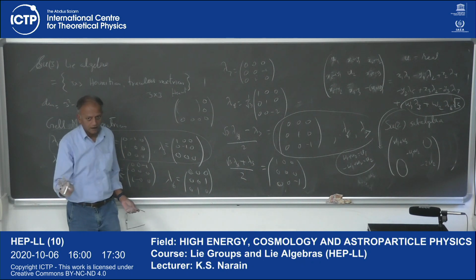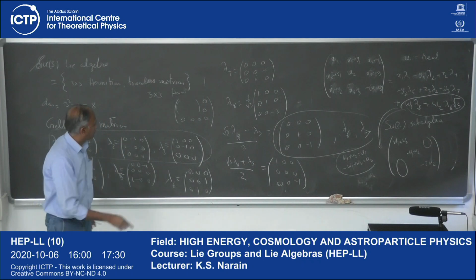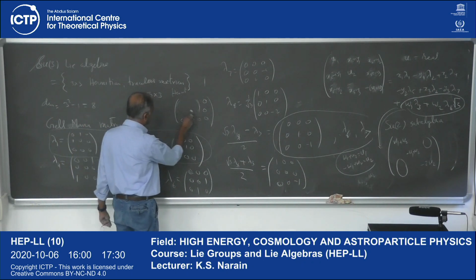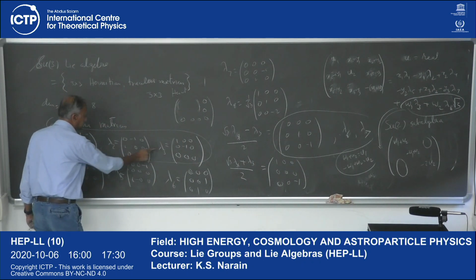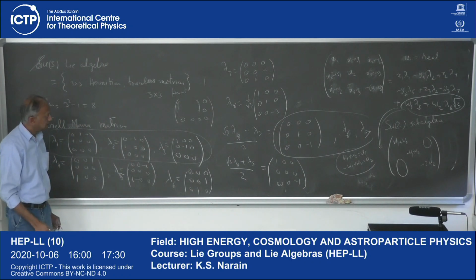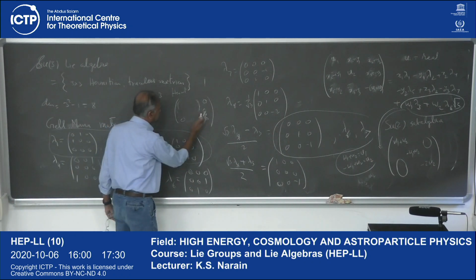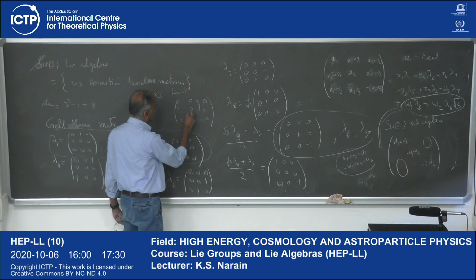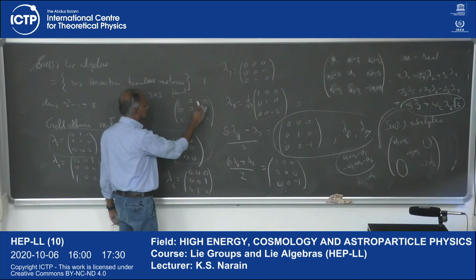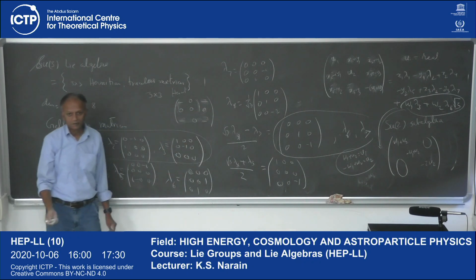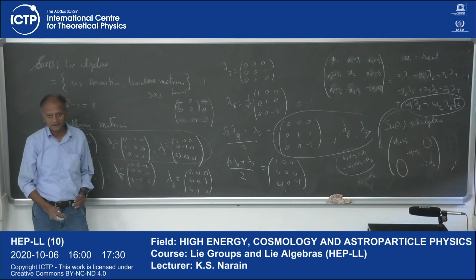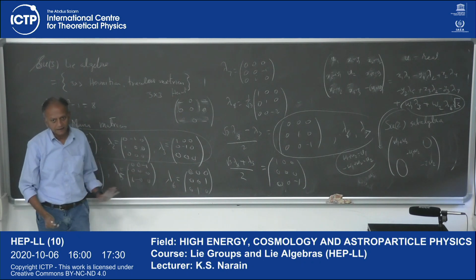So it's not surprising at all. Or if you choose the second column and second row 0, then this will again be an SU2 sub-algebra, because this has to be Hermitian traceless. So it was guaranteed.